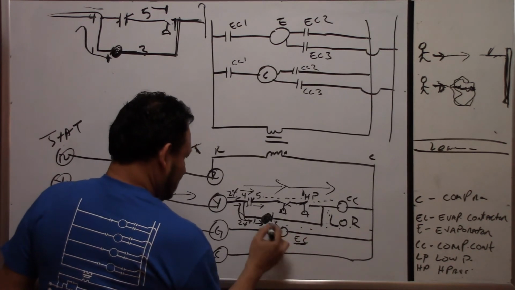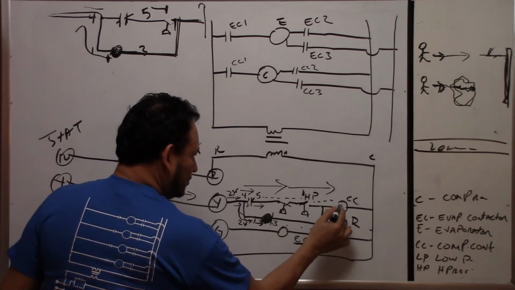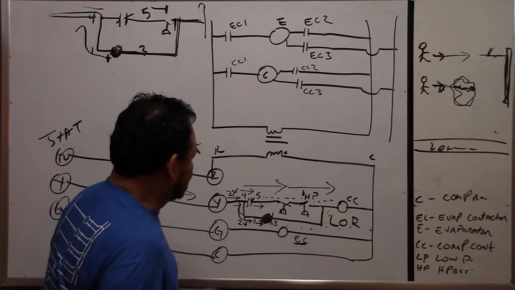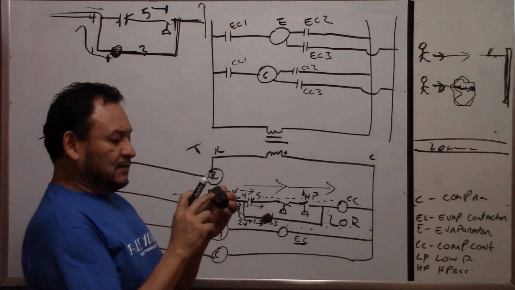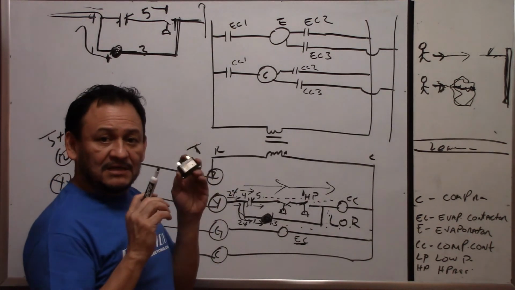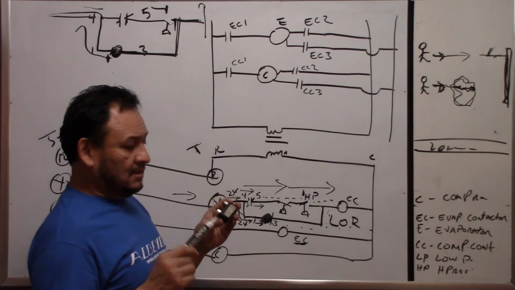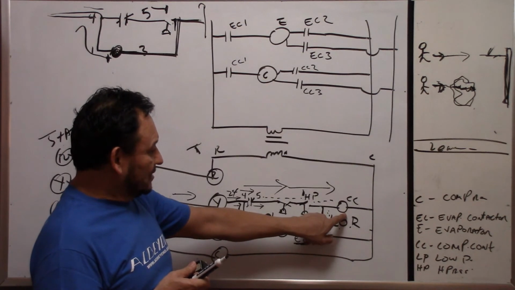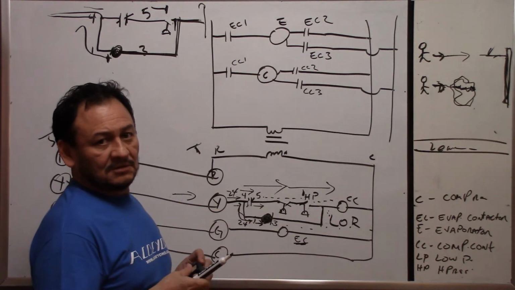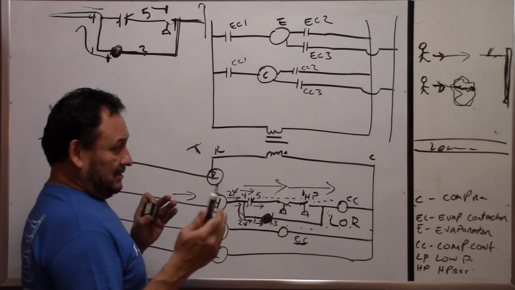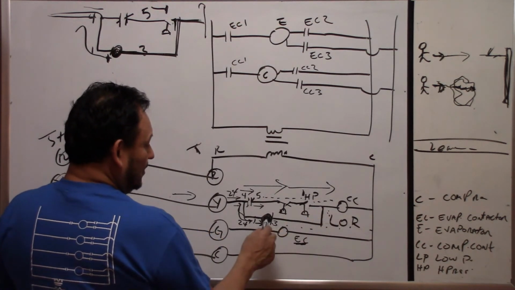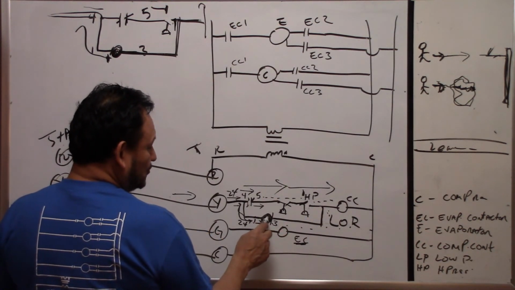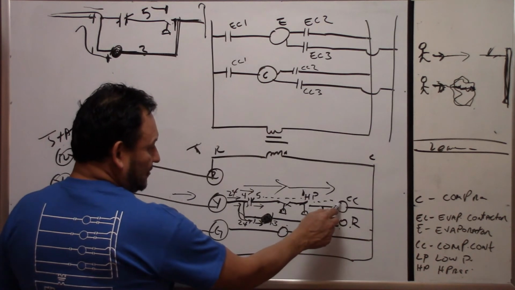Now this coil and this coil, they're not the same size. See, this one has more ohms on it. This one has about 97 ohms, and this one has about 17 ohms. Since this is smaller, the 24 volts is going to get consumed all over here, and this is going to become common.